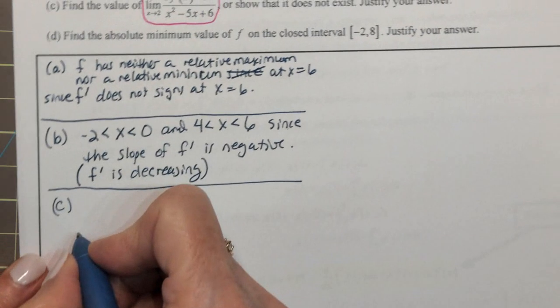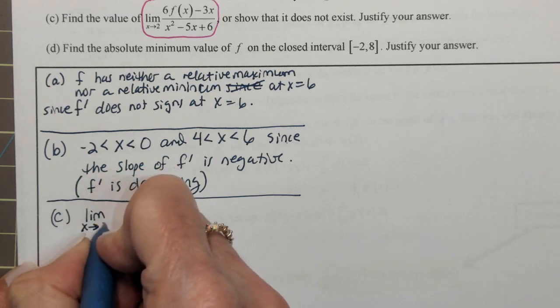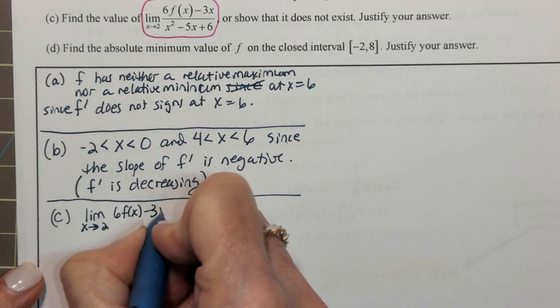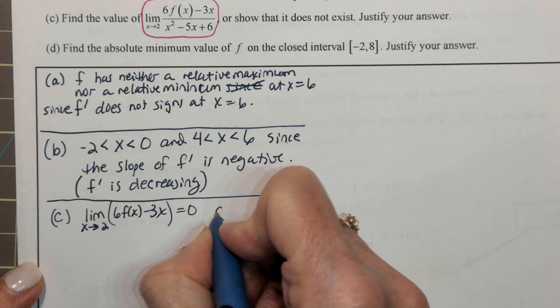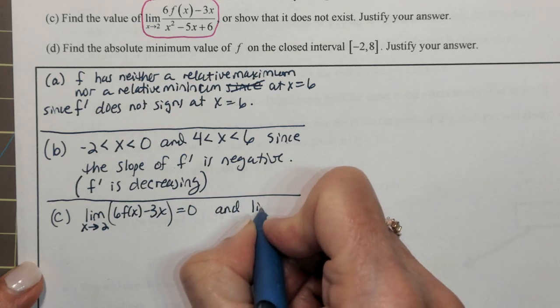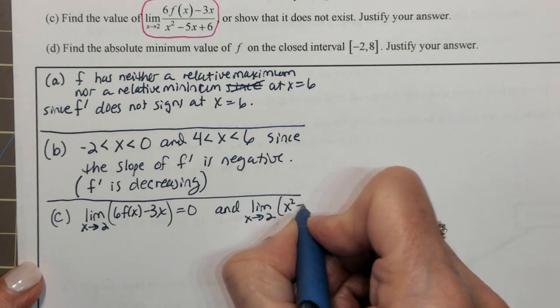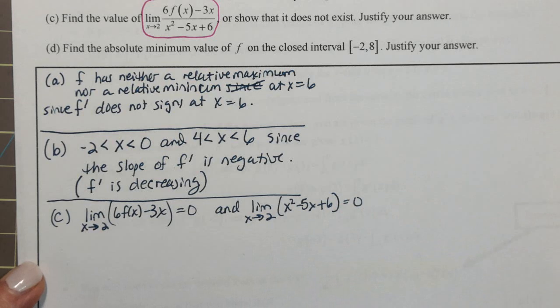The limit as x approaches 2 of just the top is 0, and the limit as x approaches 2 of just the bottom is 0. Therefore, L'Hopital's rule applies. You don't have to say that, but that's what it means.